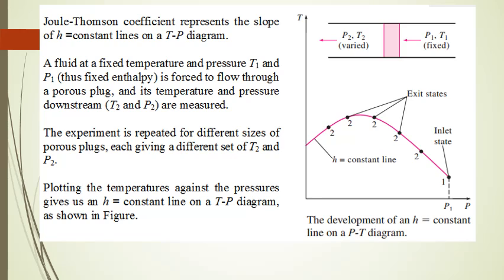The experiment is repeated for different sizes of porous plugs, each giving a different set of T2 and P2. Plotting the temperatures against the pressures gives us constant enthalpy lines on a TP diagram, as shown in the figure on the slide.